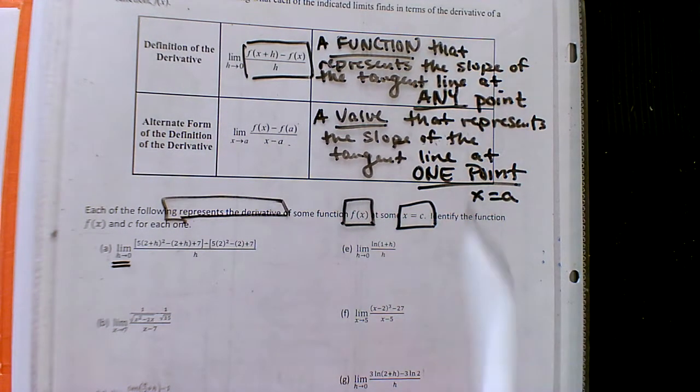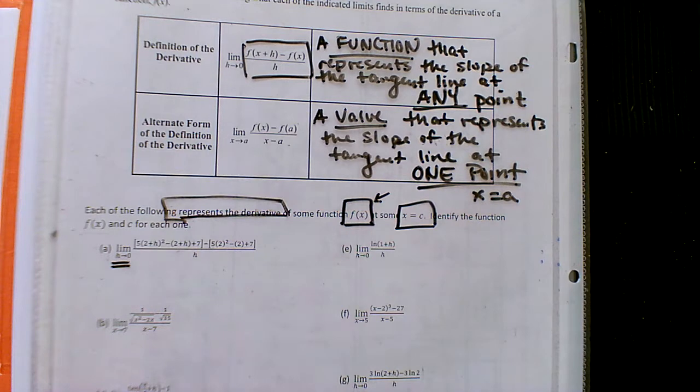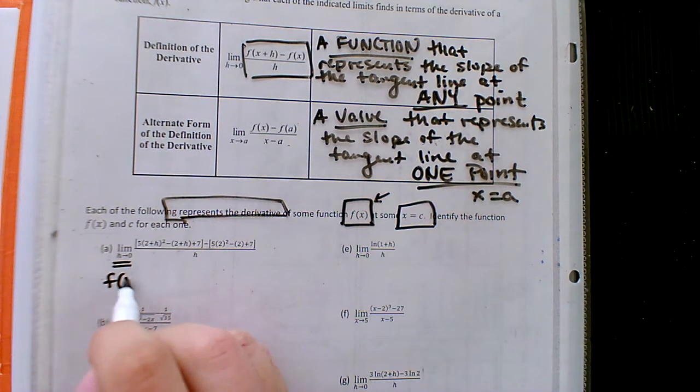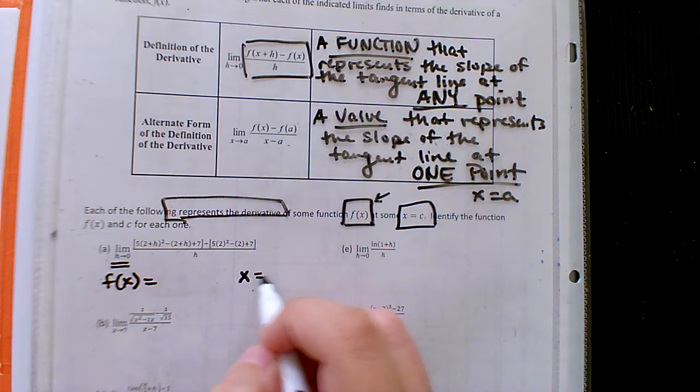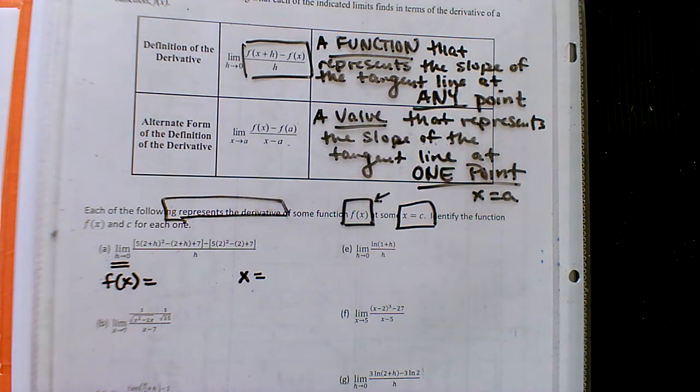We need to try to identify what is that original function. And then, what is the x value that they plugged into that original function? The x location that we want to find the slope for. So how do you think we can tackle this? Or maybe you can recognize it by just comparing the two of them. What do you think the original function was?